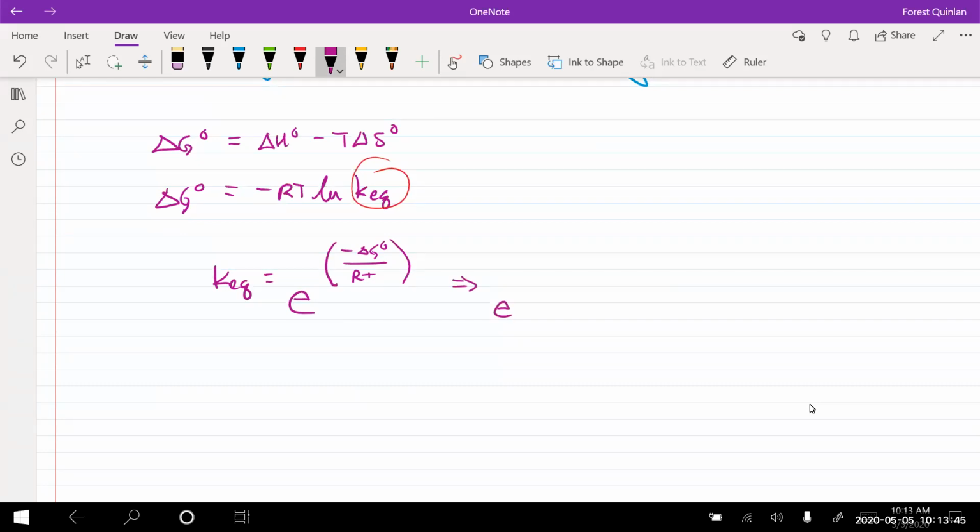So that is e to the negative 55700 joules per mole over 8.314 joules per mole Kelvin. And since we're at the naught, we're at 298 Kelvin.